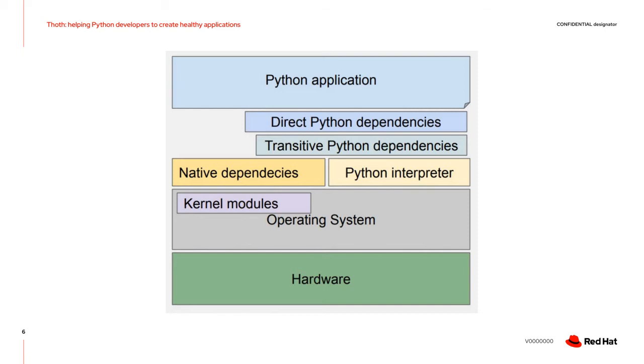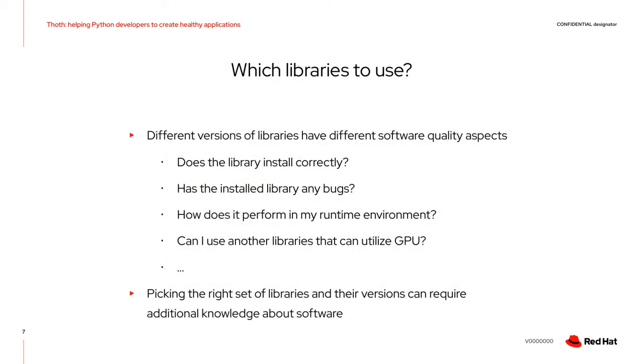Okay, so if we take a look at these, we need to pick some libraries in some specific versions that are suitable for running our application. So we need to pick libraries that install correctly into our environment. After the installation is done, we need to make sure that the installed libraries do not have any bugs, and they perform well in our environments.